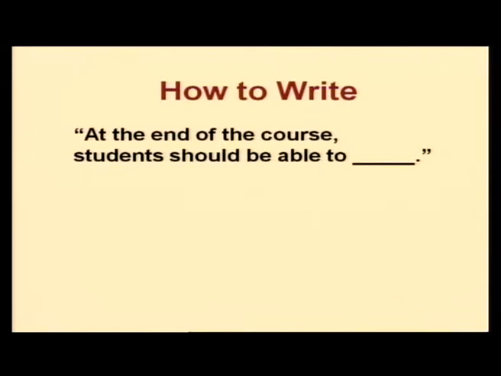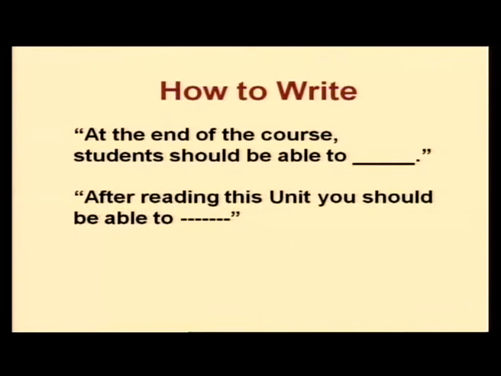How do you write down the learning objective? In the beginning, you write: at the end of the course, students should be able to. Like when we do a graduate or postgraduate course, or you are doing a course through an open and distance education system, we say, at the end of this course, students should be able to. Or you say, after reading this unit, you should be able to.